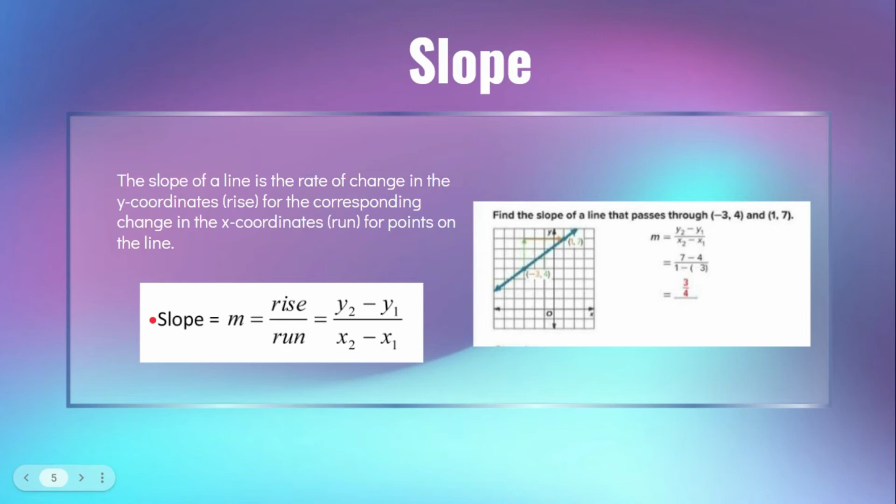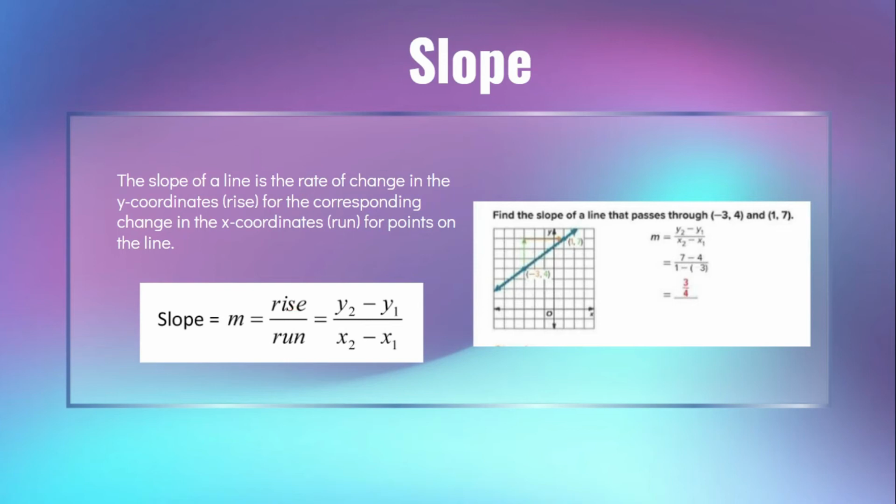So the slope is represented by the variable m, and to find the slope we apply the formula y2 minus y1, of the ordered pairs, over x2 minus x1. The y coordinates represent the rise of the function, while the x coordinates represent run. This means rise is the up and down movement, while run is the left to right movement.